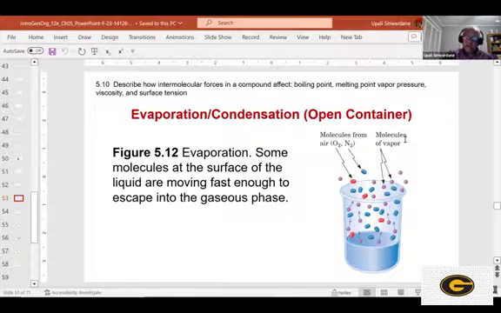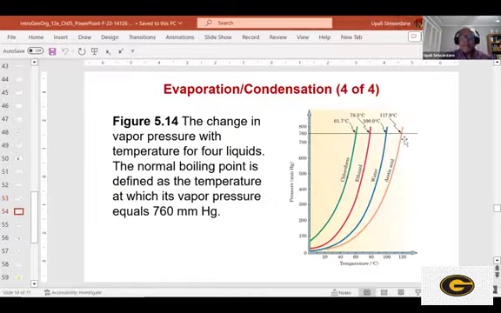So it's the partial pressure on top of the solution called the vapor pressure. When the vapor pressure of a liquid becomes 760, equal to the atmospheric pressure, that's when the liquid starts to boil.